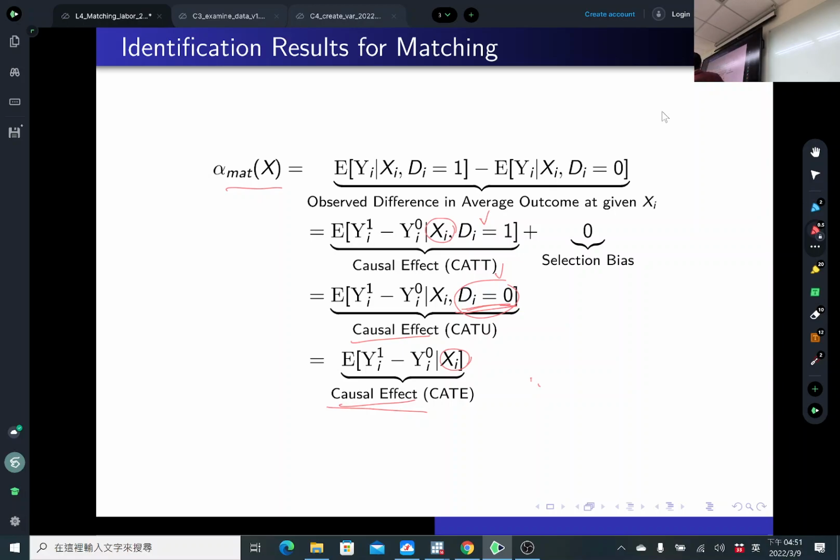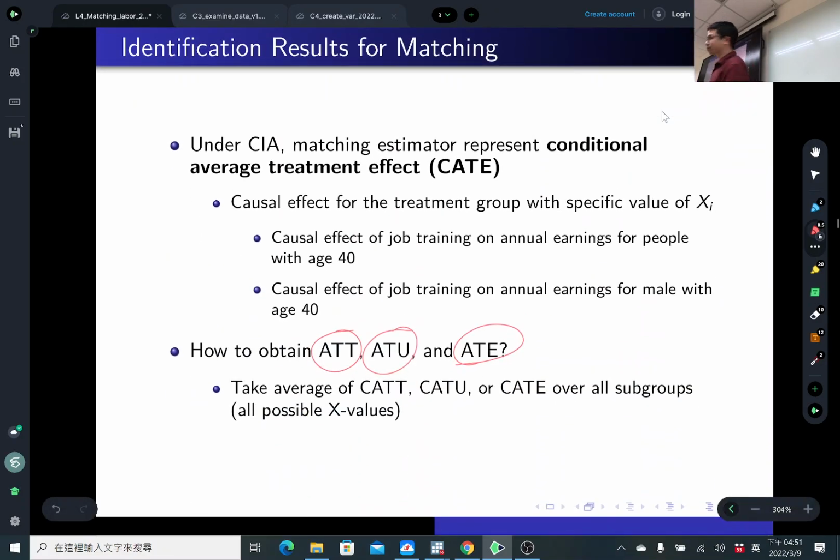So we just take the average over these X characteristics, and we can get the average treatment effect. Basically, just take the average of all these conditional average treatment effects over all subgroups, and you can get the average treatment effect for the whole population or for the treatment group.